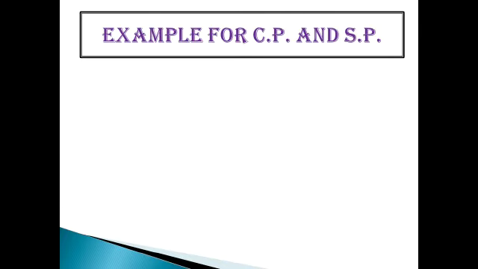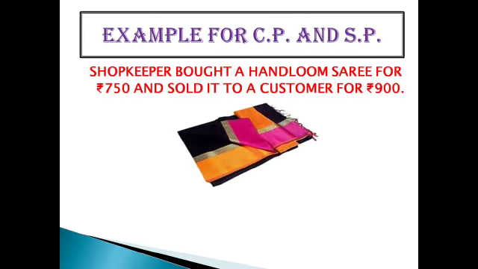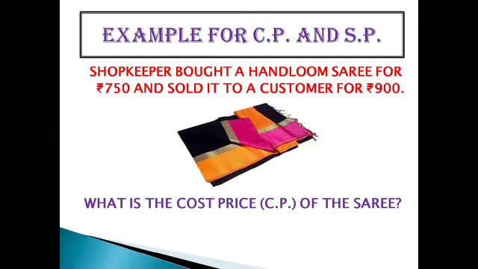Let us understand better by considering an example. Shopkeeper bought a handloom sari for 750 rupees and sold it to a customer for 900 rupees. Children, can you guess what is the cost price of the sari?